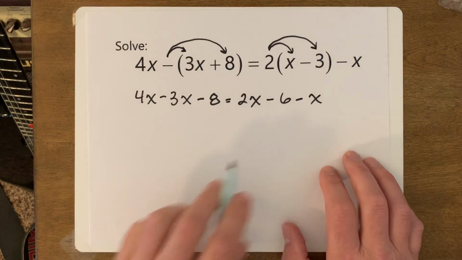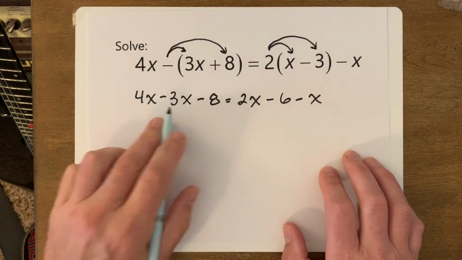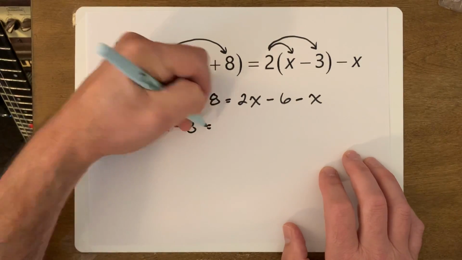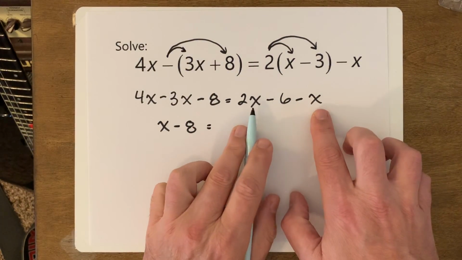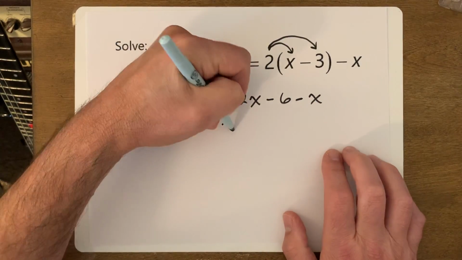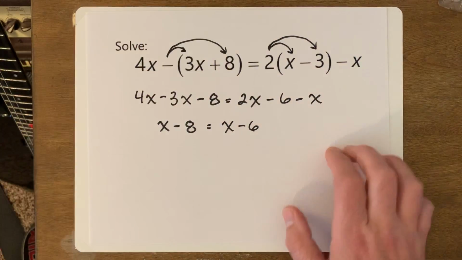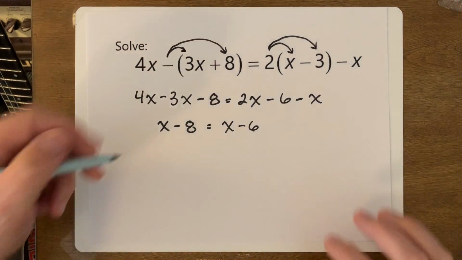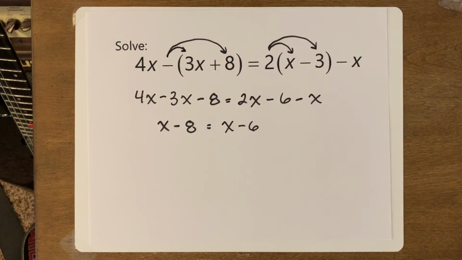All right, now we can clean up both sides. 4x take away 3x is 1x, minus 8, equals, and now over here you have a 2x and a negative x. Well, a 2x and a negative 1x are going to leave 1x minus 6. I've seen this one a lot on the ACT problems. So here's what happens now. I'm looking at this, I'm thinking, I got an x on both sides.